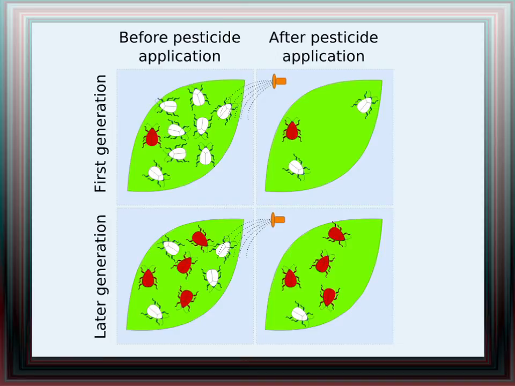So in the presence of the insecticide, insects with the mutant allele are more likely to survive to breed than those with the normal allele. So the frequency of the mutant allele in the population will therefore increase.